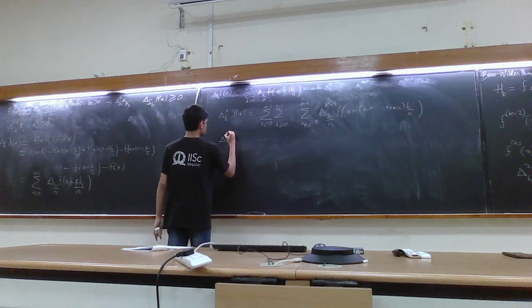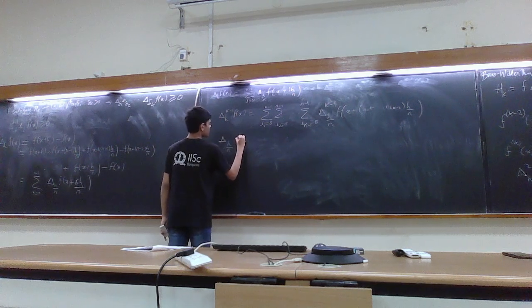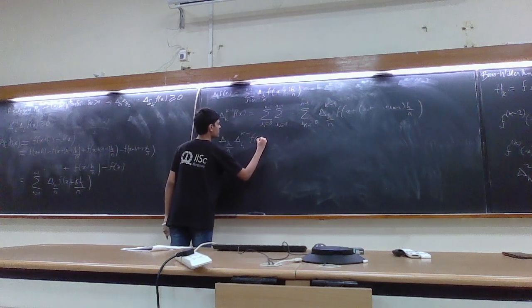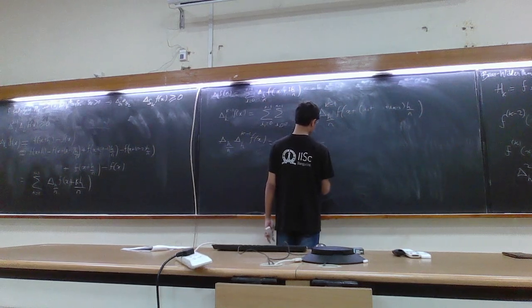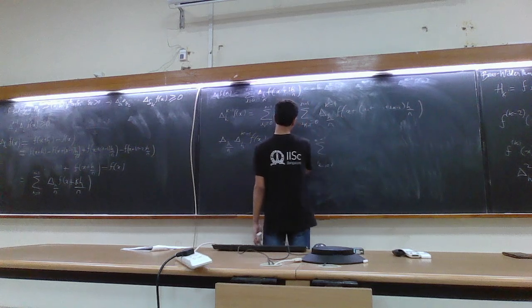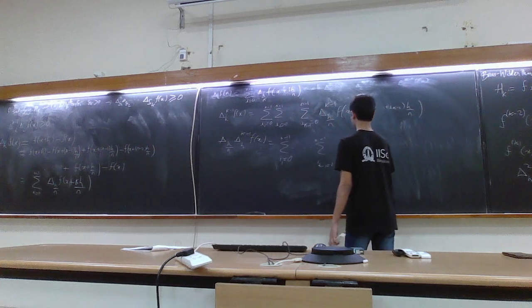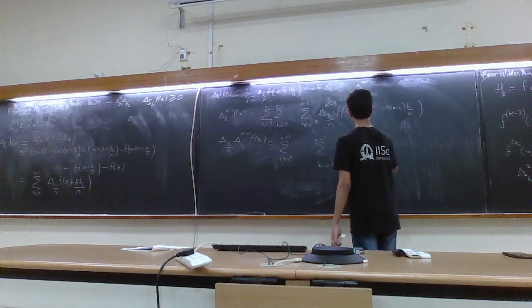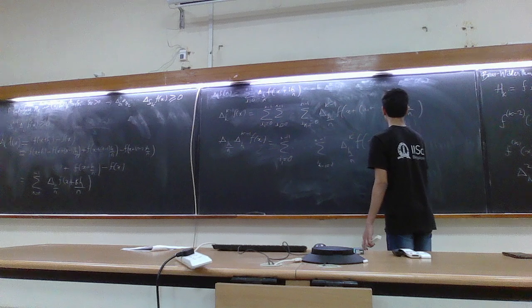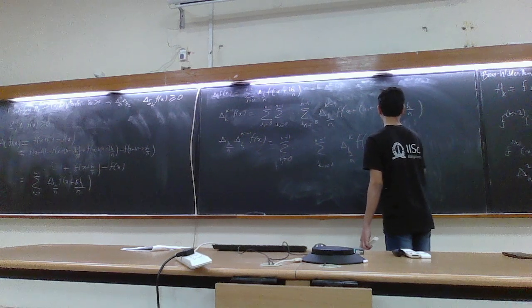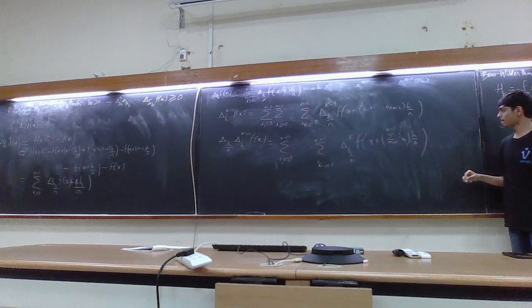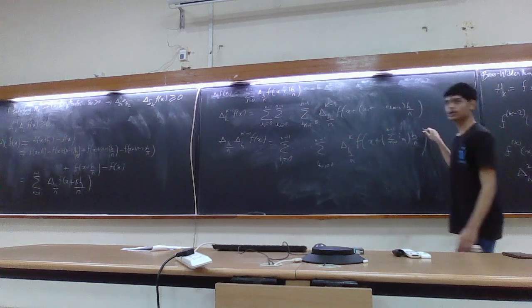So now we have delta h upon n, delta h k minus 1, f of x equal to this sum, and we now know that this quantity is non-negative.